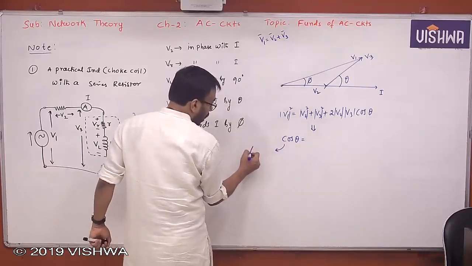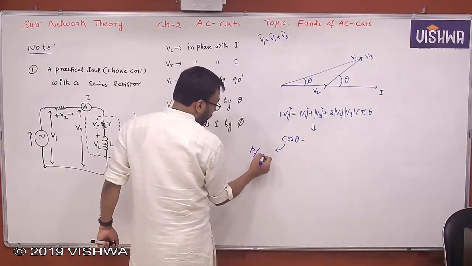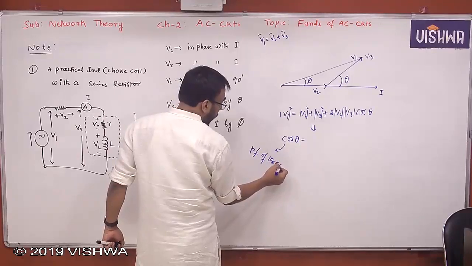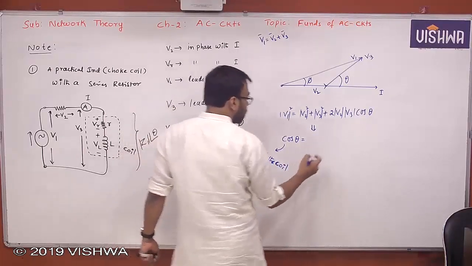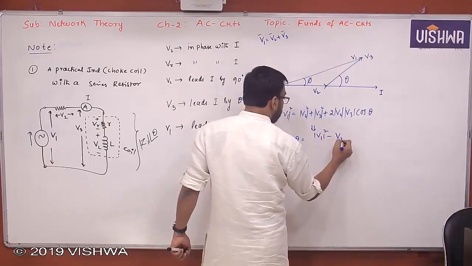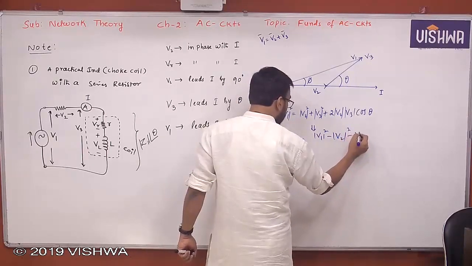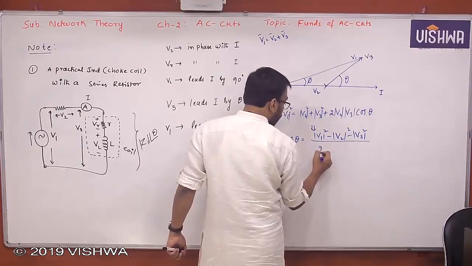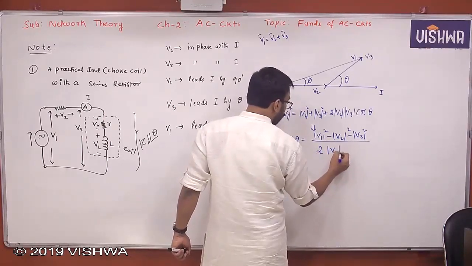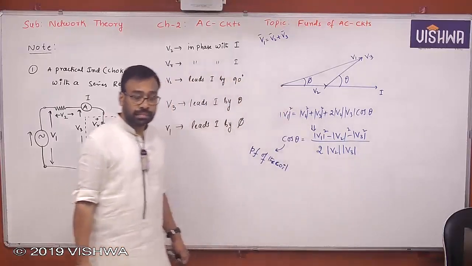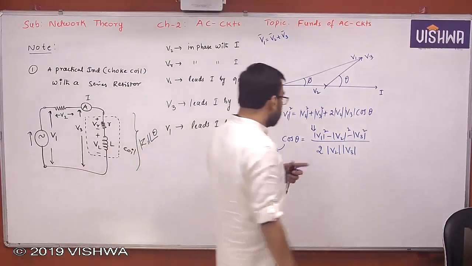Therefore, cos theta is the power factor of the coil. So what is its value? It is V1 square minus V2 square minus V3 square divided by 2 times V2 and V3. Is it clear? All of you? So this is cos theta.